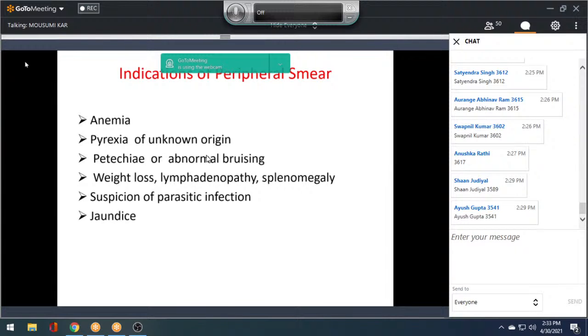Any other hemoparasite you know? Very good. Anyway, you've answered like 4, which is a very good number. There's also Ehrlichia, Anaplasma, etc. So you can read it up, and you can see the photos because it can be asked for spotters or image-based MCQs.